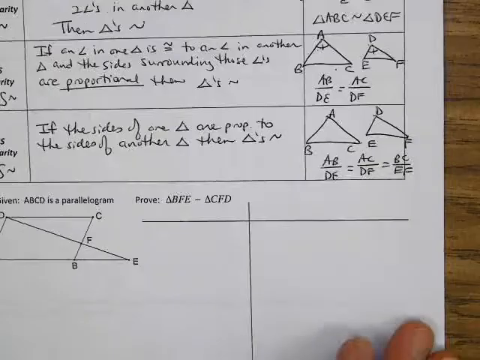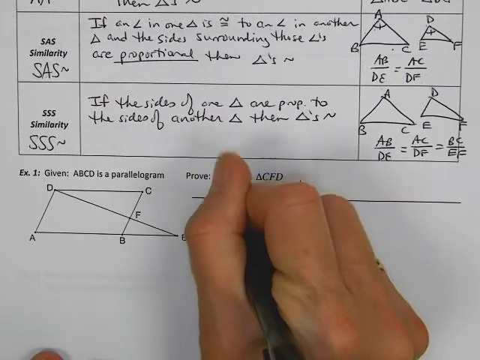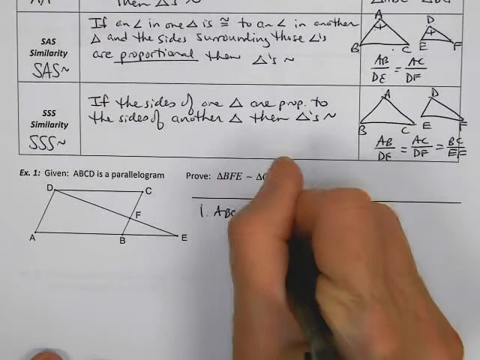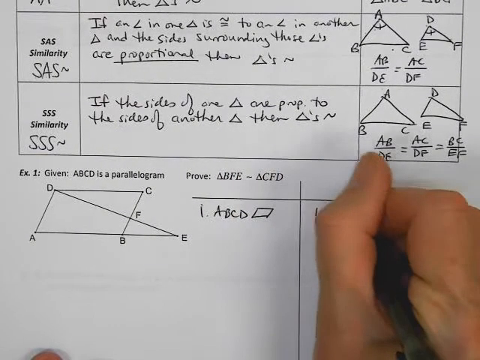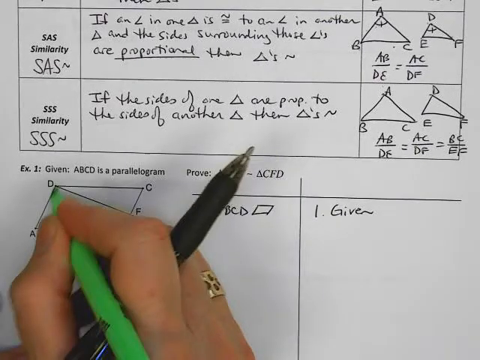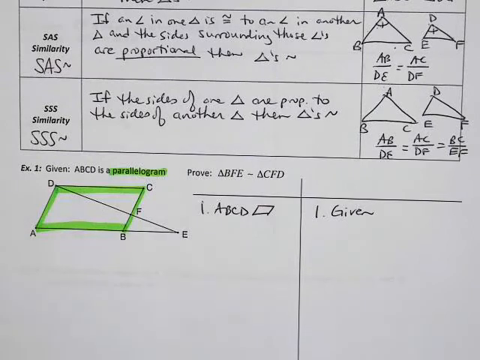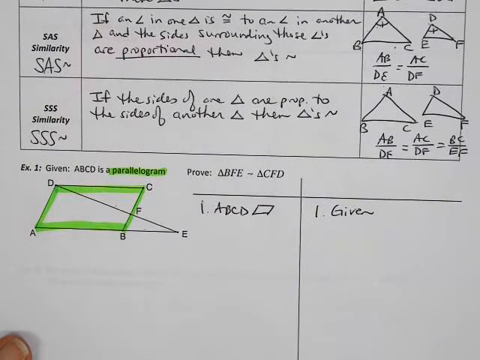All right, so let's do some example proofs. Don't think you'll find this too different than what we've done before. It is going to bring in some old ideas. So, for example, here we have a parallelogram as given. Let's kind of highlight that to see what it is here. That's ABCD. That guy is the parallelogram. And I'm trying to prove that these two triangles are similar.